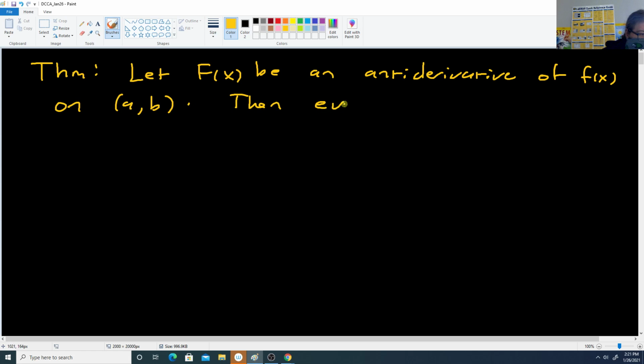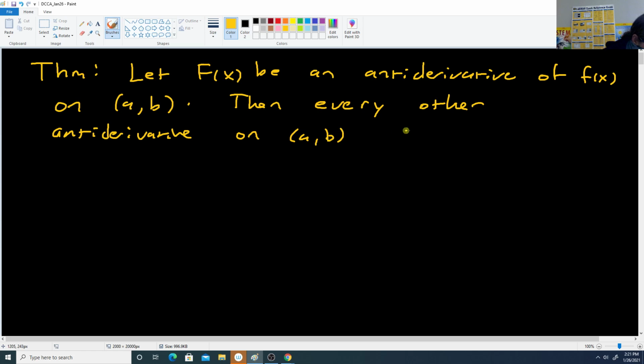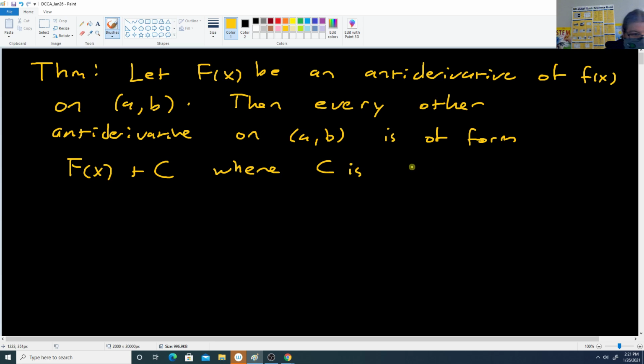Then every other antiderivative on a to b is of the form F of x plus c, where c is some constant.